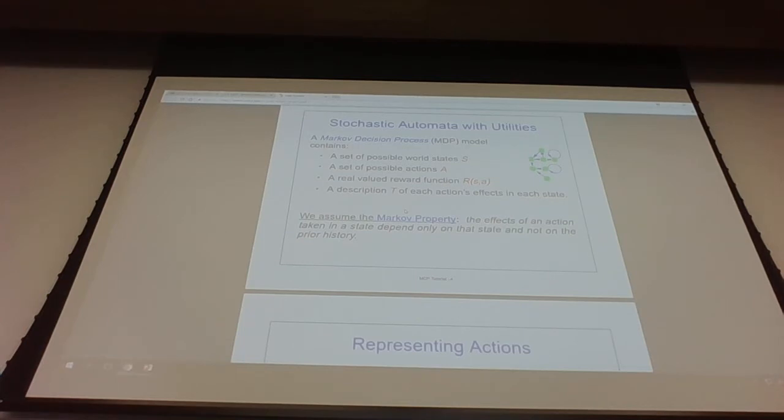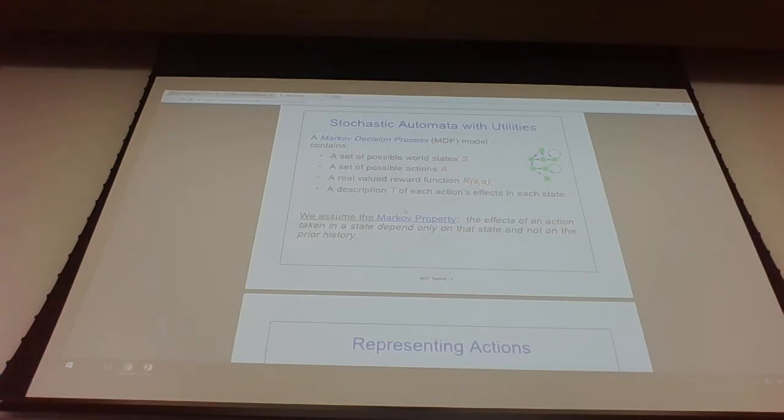So MDP is what? It's a model of a game where you take some policies, and these policies are basically sequences or recommendations of actions. You can model this game or whatever random process you are trying to model as a set of states.